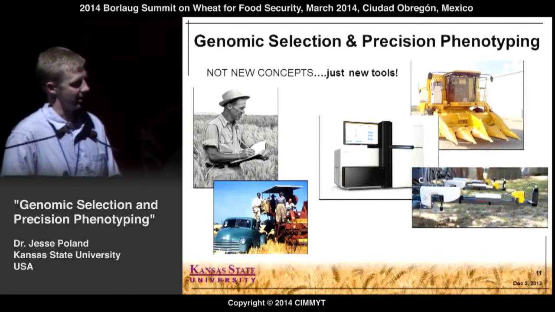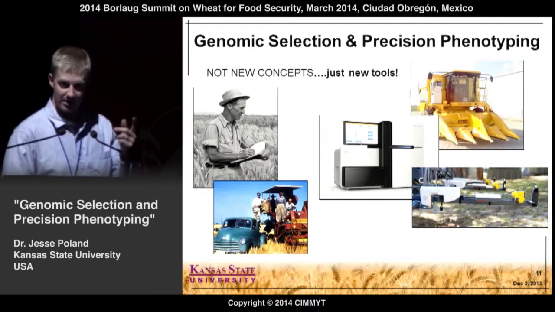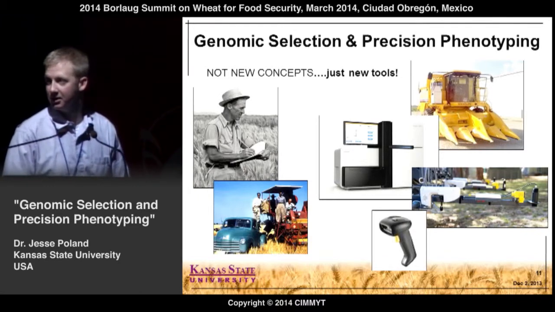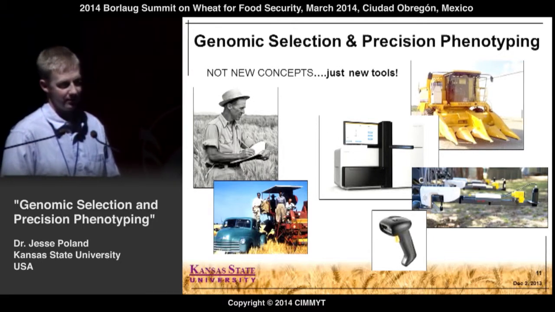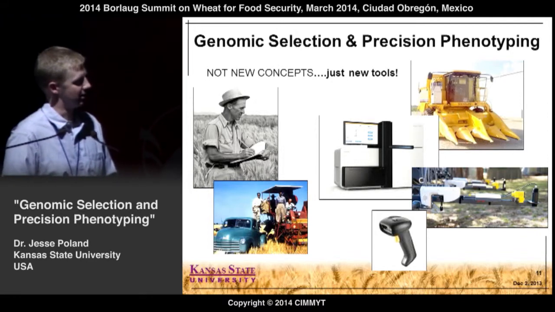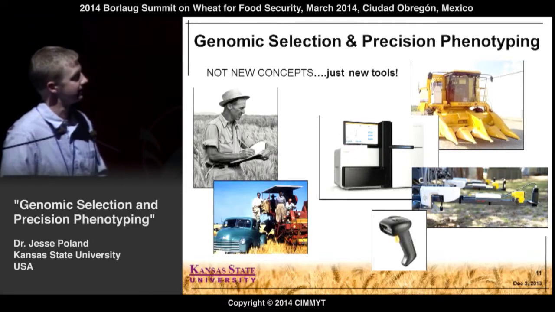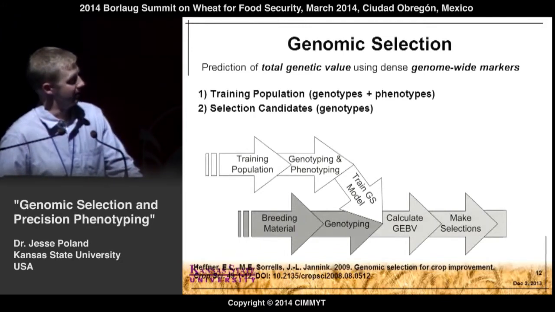We also have new technologies in remote sensing, so we can start to use this just as our eye would look at differences between the plots. And then, maybe not quite as obvious, tools in data management, barcoding, databases, and even computing power to handle these large data sets. These are all new tools that enable the size and scope of the breeding programs to increase. So in that context, I'm going to talk now about genomic selection and then precision phenotyping.